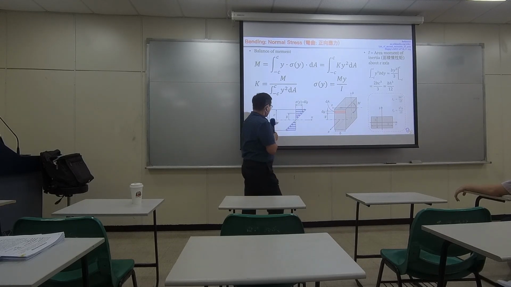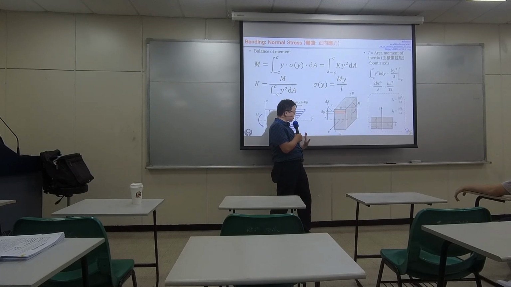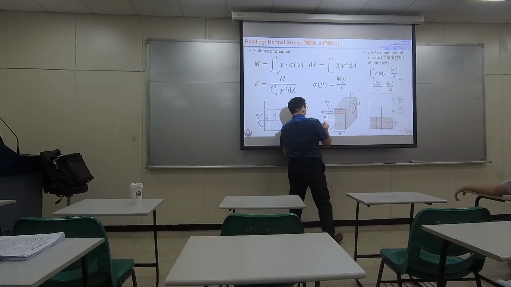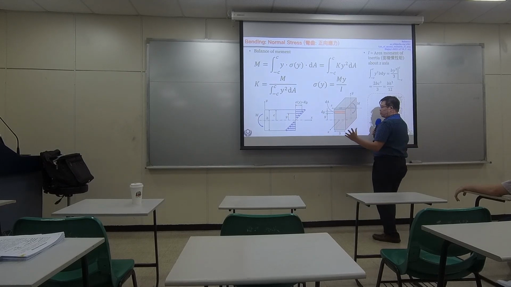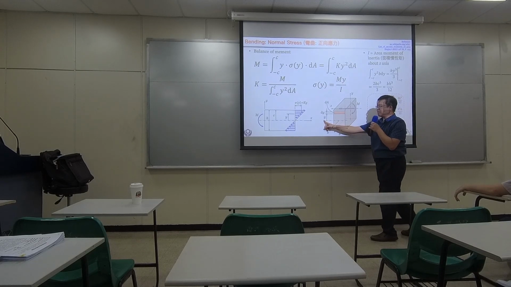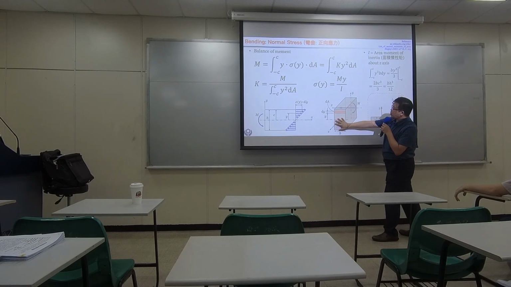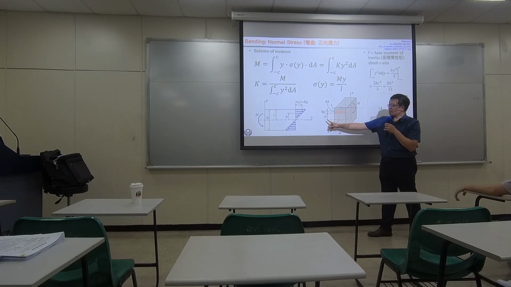In our case, when we are viewing from the side, we are bending this way, about this axis. In our coordinate, this axis is actually z.